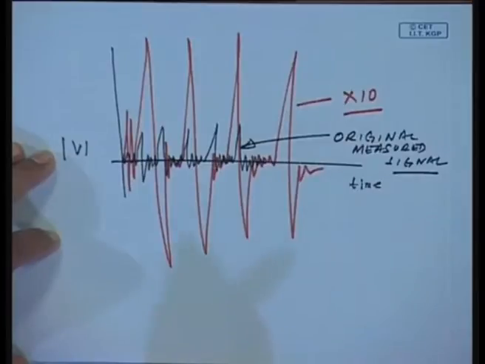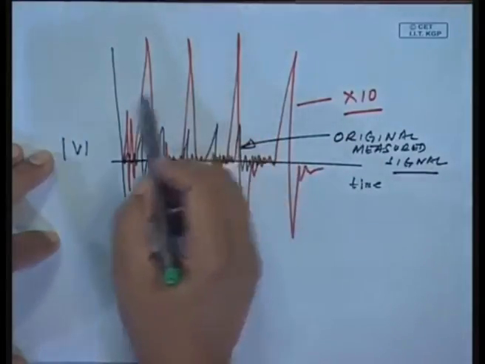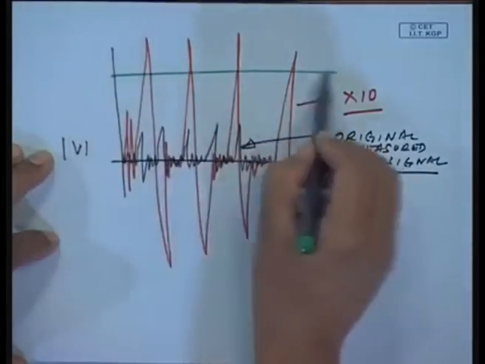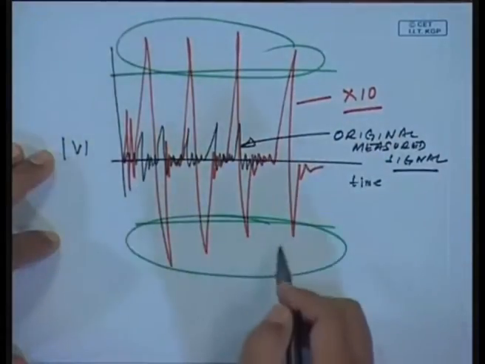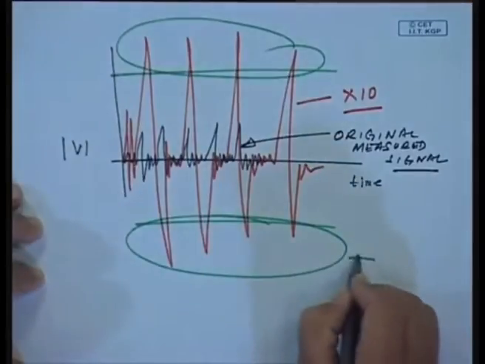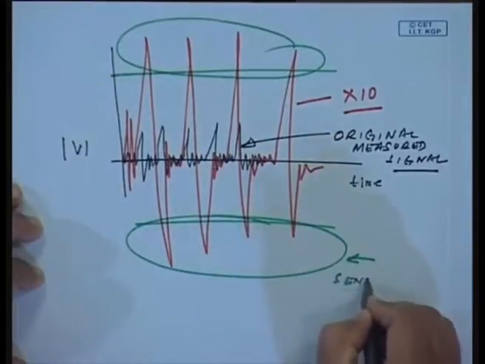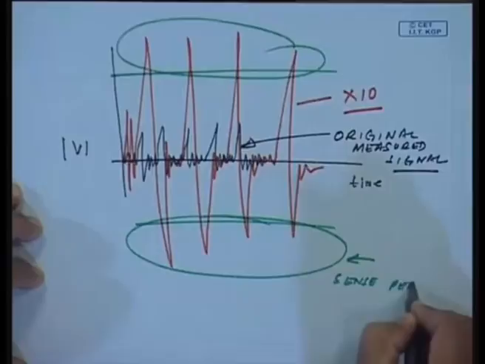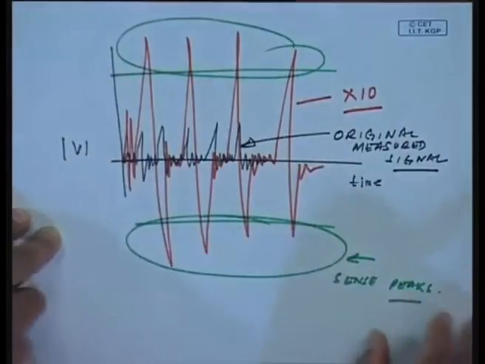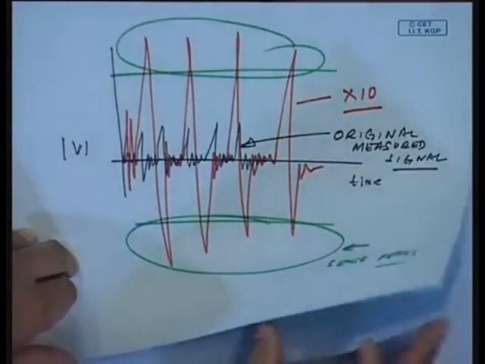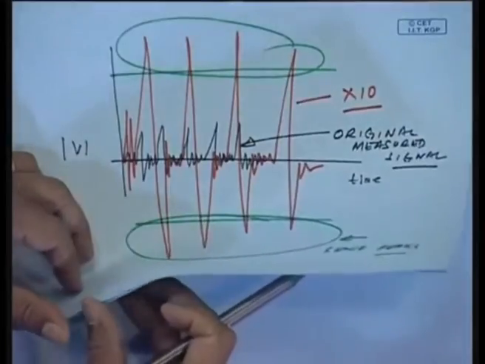I have amplified the noise, but then you will see sometimes there are detectors. If I put a detector so that you sense only the peaks, I should be able to sense the peaks. This is in the time domain, but sometimes we can do certain filtering.